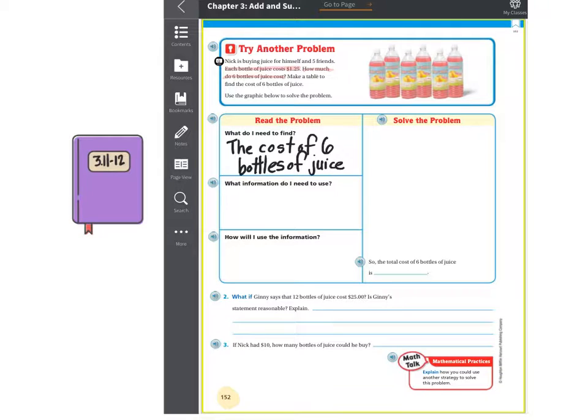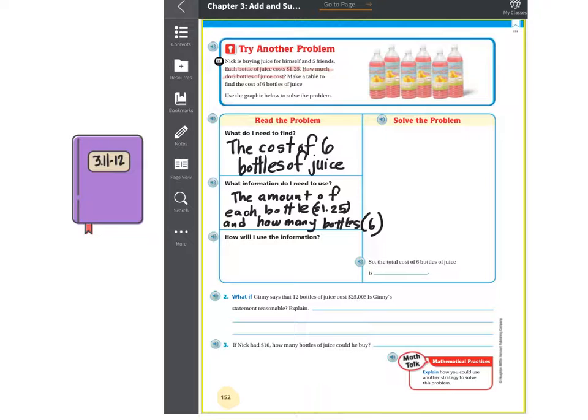So let's go ahead and write in the amount of each bottle, which is $1.25, and how many bottles, which is 6.